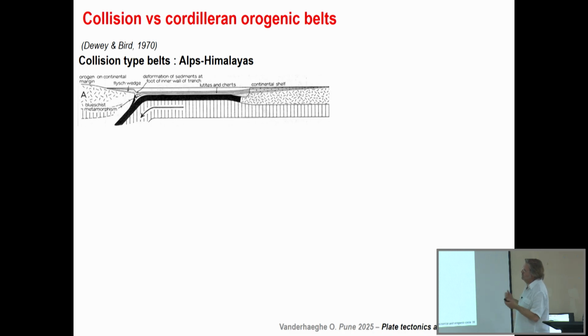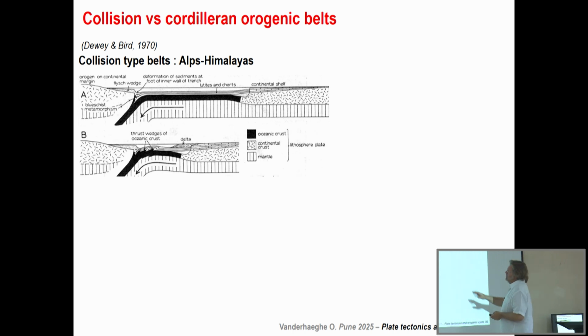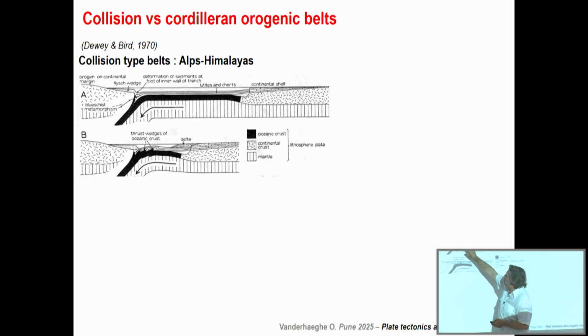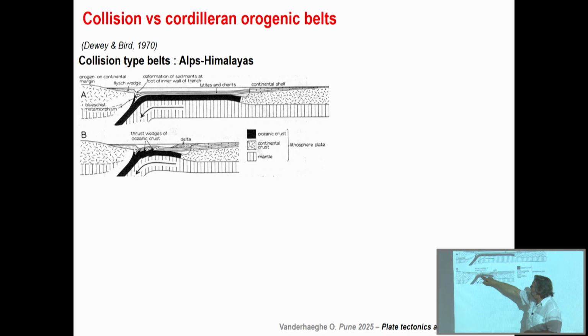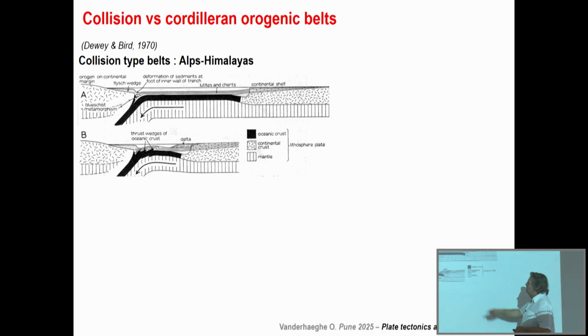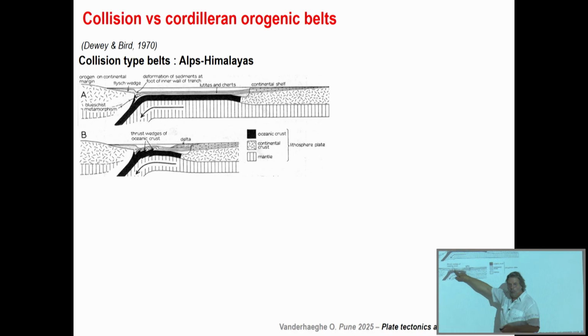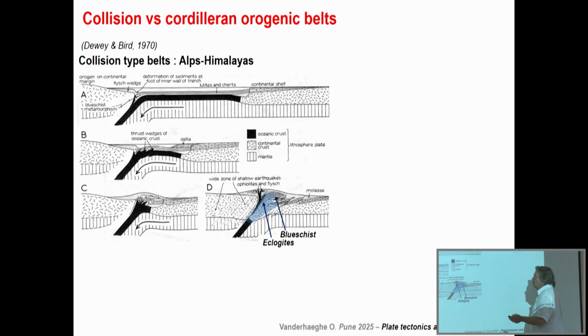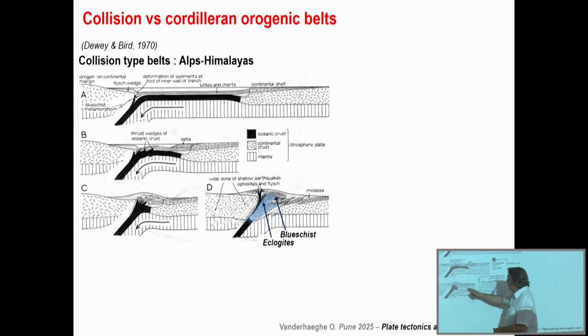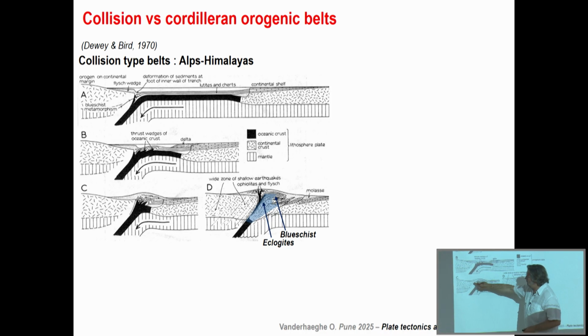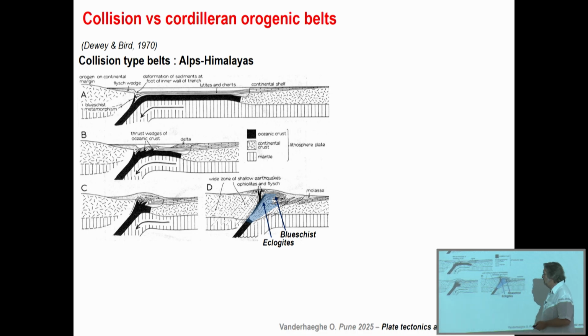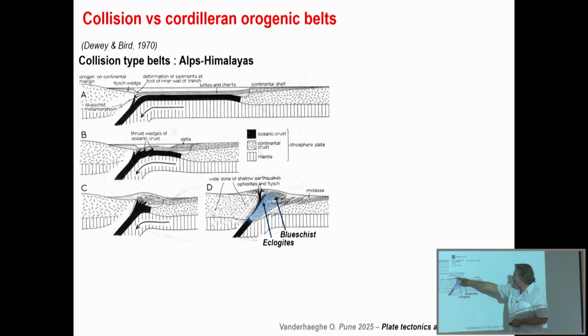Collision type belts, which qualifies for the Alps and Himalayas, are characterized by a period of oceanic subduction, with deformation of sediments and sedimentation in a marine environment, and then at some point the collision occurs, and the contact between the two continents is marked by a suture zone, an ophiolite, which is here.